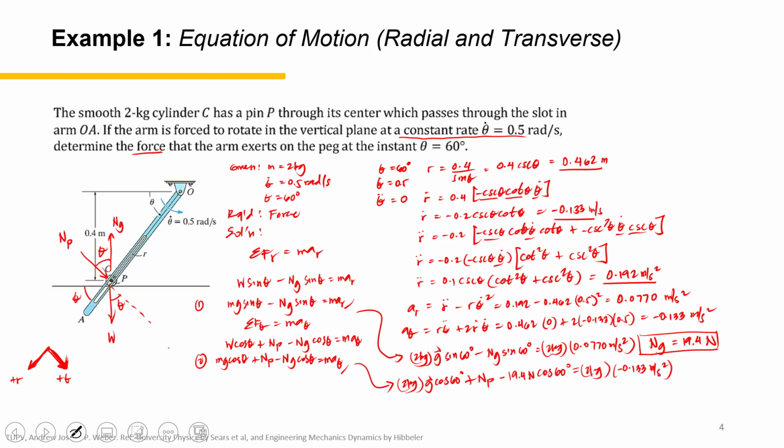So the resulting value of NP is equal to negative 0.356 Newton.